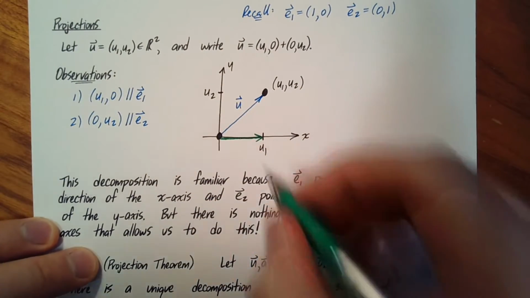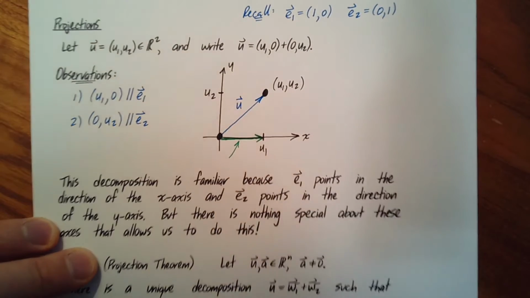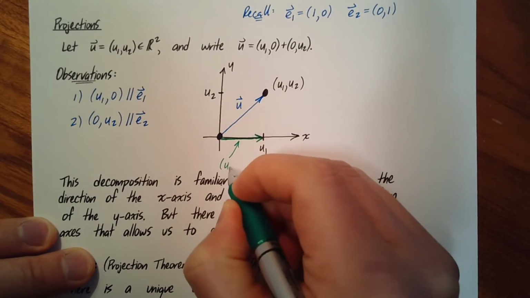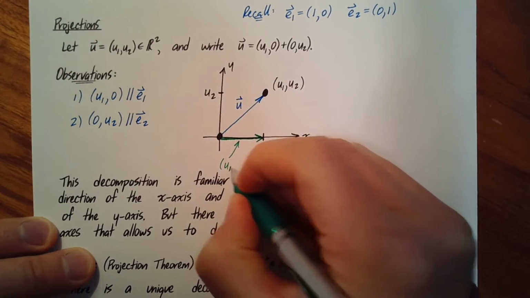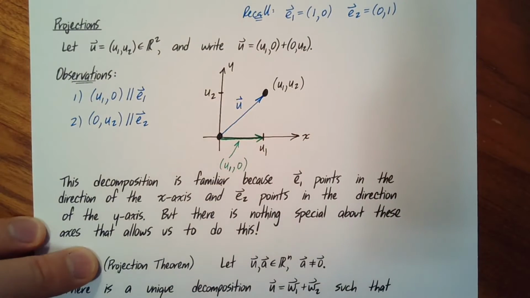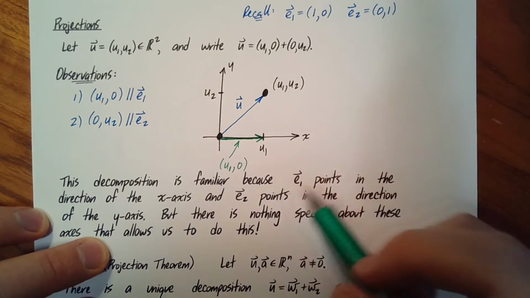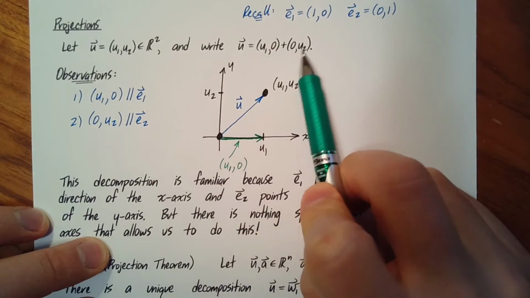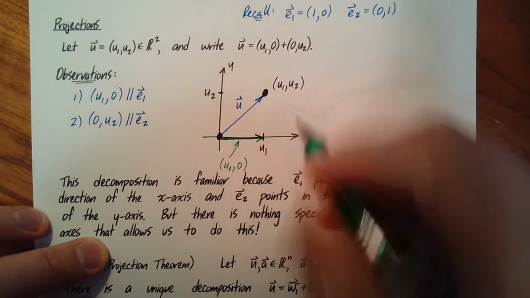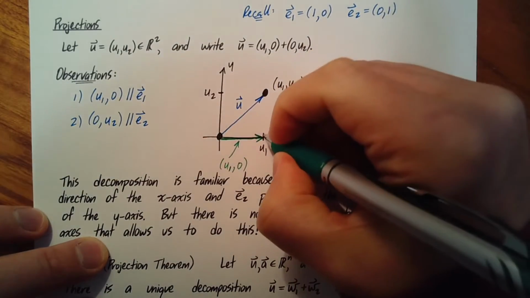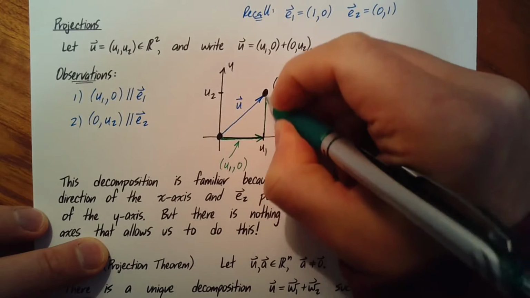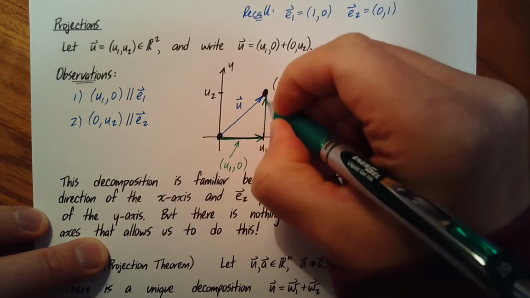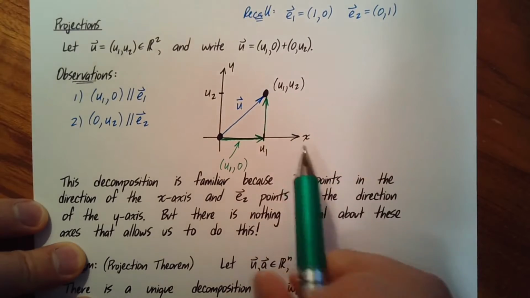Let me just label it: that is not the point, sorry, but the vector u1, 0. And then the second vector, 0, u2, this is a two-dimensional vector. If I draw it so that it starts here, it's going to go straight up and end up at that point.